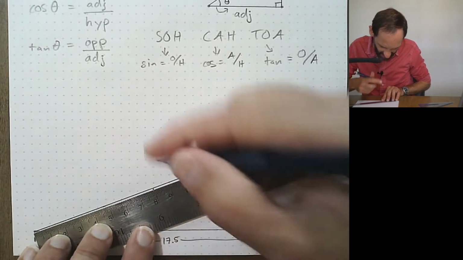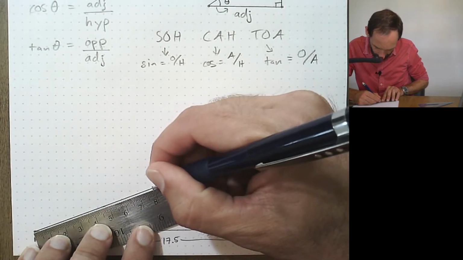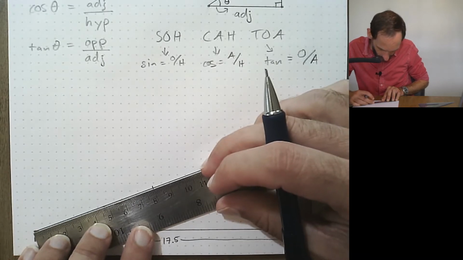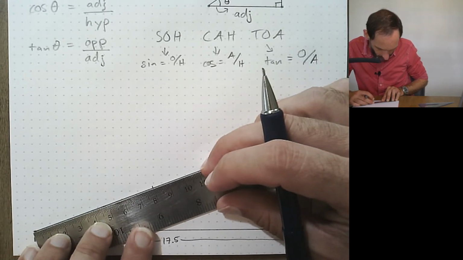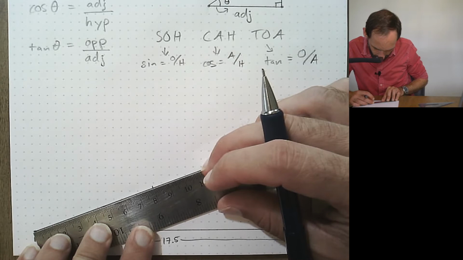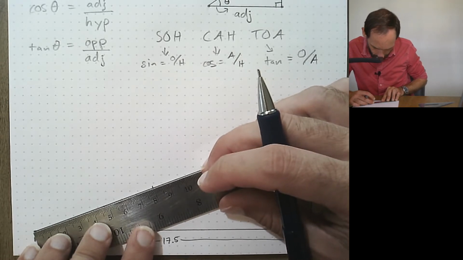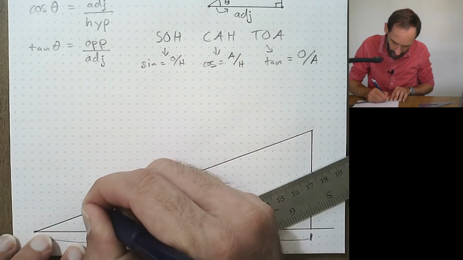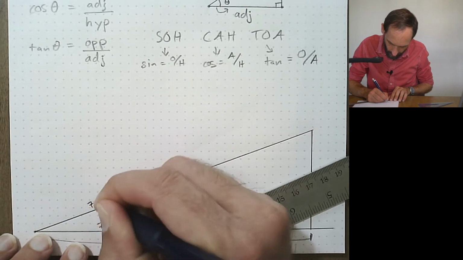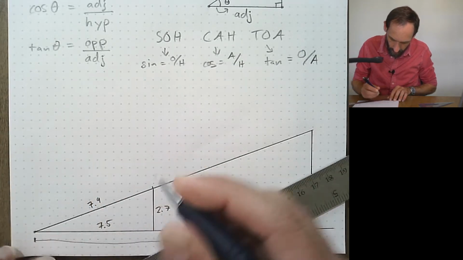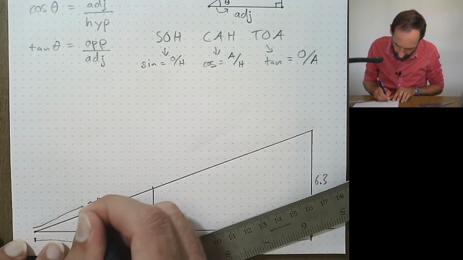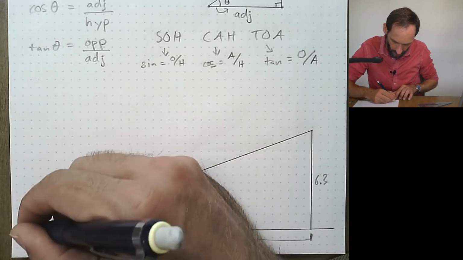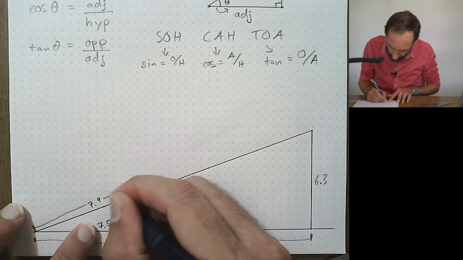So first off, it's right about there. So this is going to be 7.9. I'm going to go with 7.9. So that's the length of the hypotenuse of the smaller triangle.